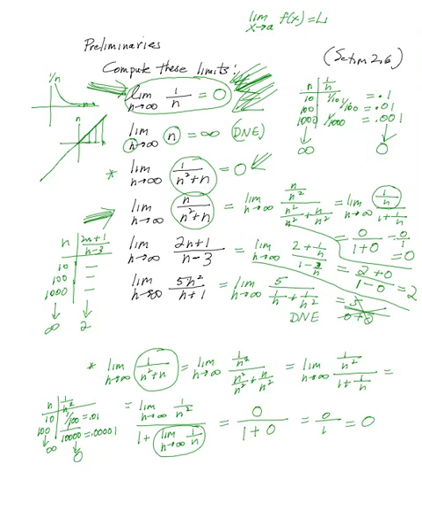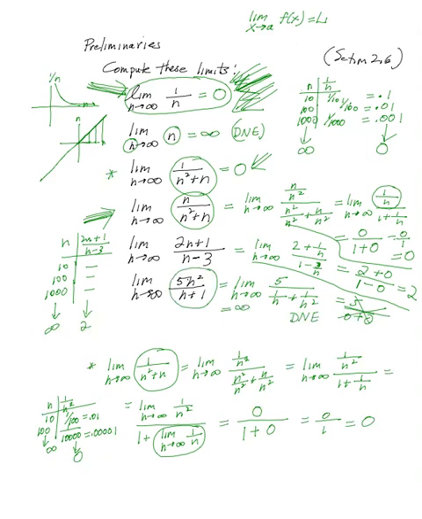And if you go back to the original problem, look at 5n squared over n plus 1. The top's going off to infinity, the bottom's going off to infinity, but the top is doing that faster than the bottom because n is squared. So some people say this limit is infinity because if I make a table of values, it is increasing without bound.